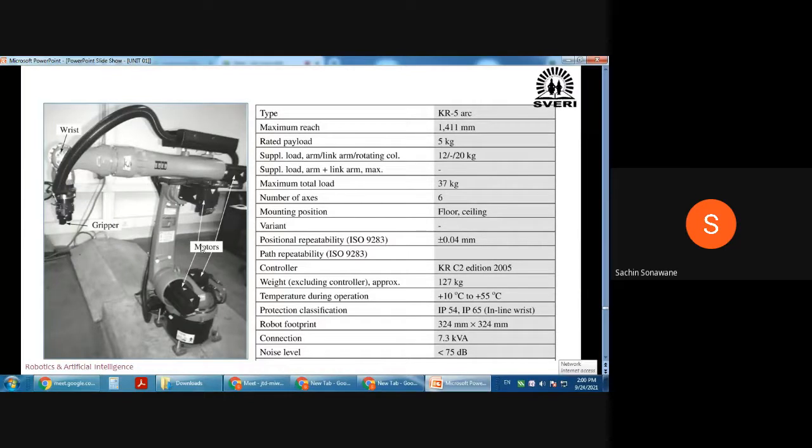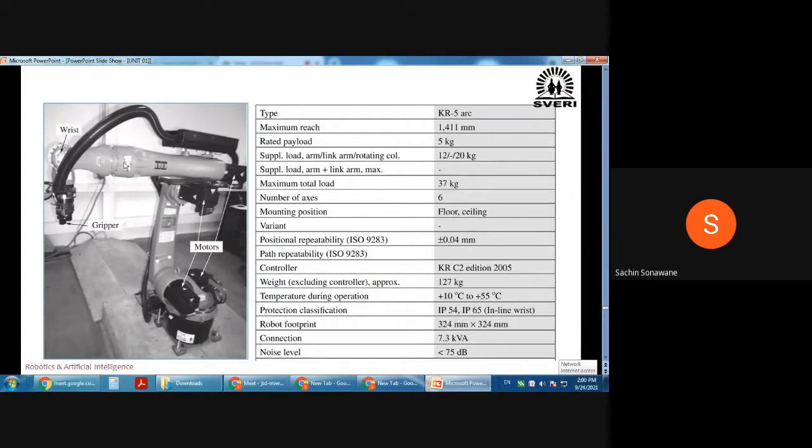These are the motors used to drive this robot. See that type KR5 arc, maximum reach 1411 mm, rated payload 5 kg, supply load arm slash link arm slash rotating column it is 12 to 20 kg, supply load arm plus link arm maximum they have not provided, then maximum total load 37 kg, number of axes 6, mounting position floor or ceiling.